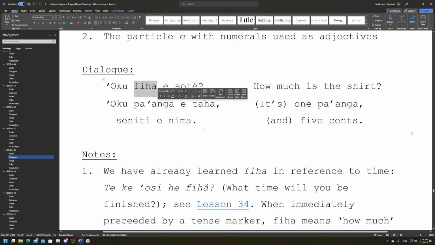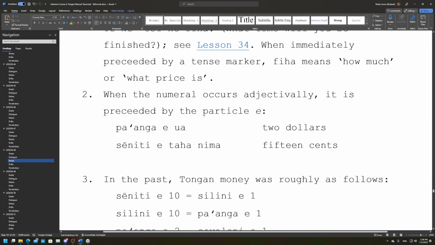Yeah, I guess if it goes into the verb slot. I kind of think of this as a question word still, right? So when a numeral occurs adjectively, it's preceded by e. If you know anything about Hawaiian, you'll know that all the numerals in Hawaiian start with e.